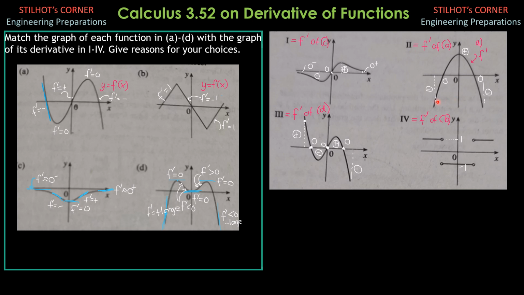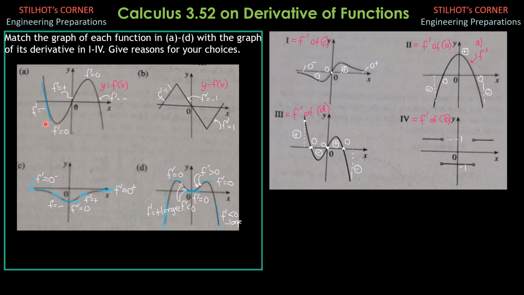It's graph 2, this is possible. Graph 3 is positive, so not possible. And graph 4 has a constant value, and this is positive somewhere here, so that's not possible. Therefore, the only possible graph that matches the graph of f for A would be this, but we have to continue.